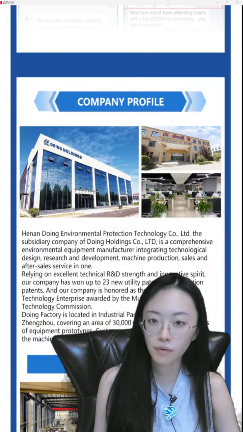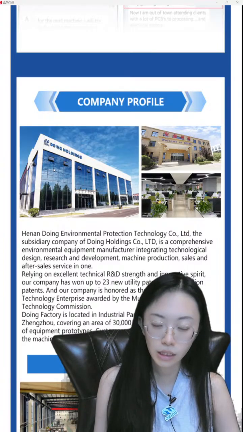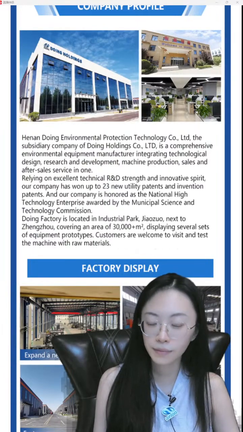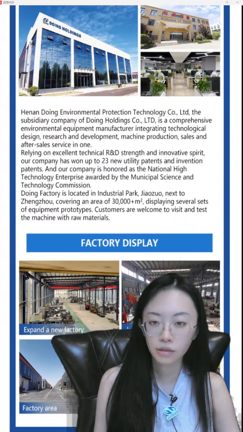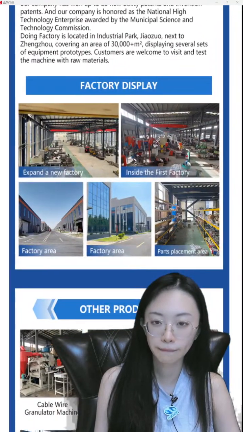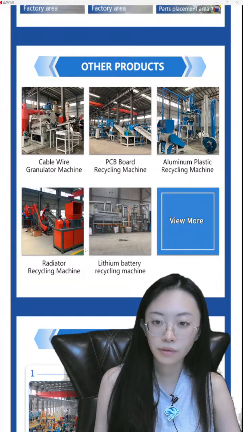Here is a picture of our factory. Our factory is in Jiaozuo City, Henan Province, which is in central China. You can come here by plane or high-speed train to see the details. This is a picture of the factory and other products. We also have lithium battery recycling machines, PCB board recycling, aluminium, plastic, cableware, and radiator recycling.